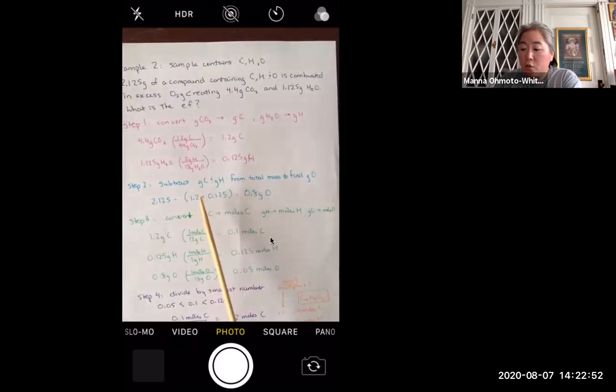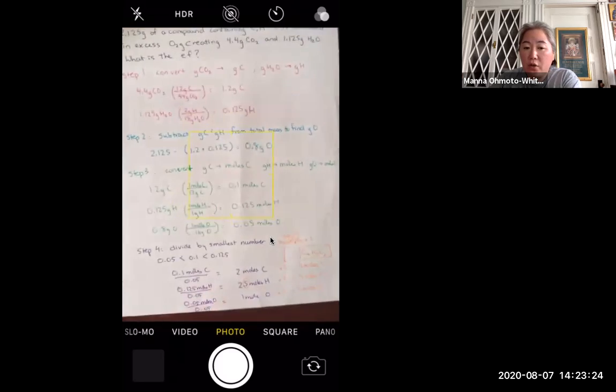Then I subtract the amount of carbon and hydrogen in my compound from the total mass to get the amount of mass in my compound that is oxygen. From the 2.125 grams that I had in my original compound, 1.2 grams is carbon and 0.125 grams is hydrogen, that means that the remainder, or 0.8 grams of oxygen, makes up the rest of the mass.